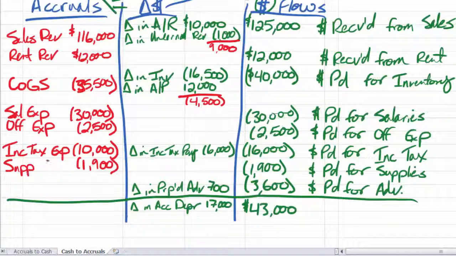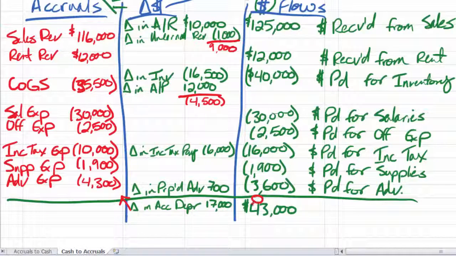Let's see, cash paid for supplies, no adjustment there, 1,900. Supplies expense. Advertising, negative 3,600 minus 700. In this case, negative 36 minus 7 gives me 4,300 here. Advertising expense, and I'm trying to save room for this depreciation.